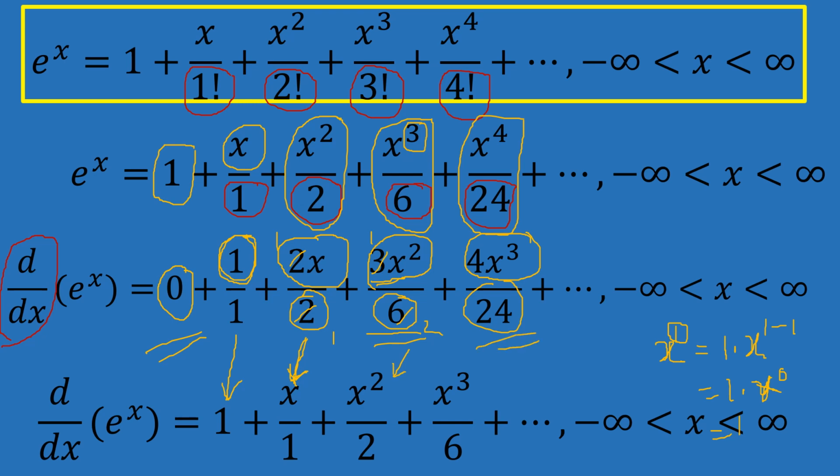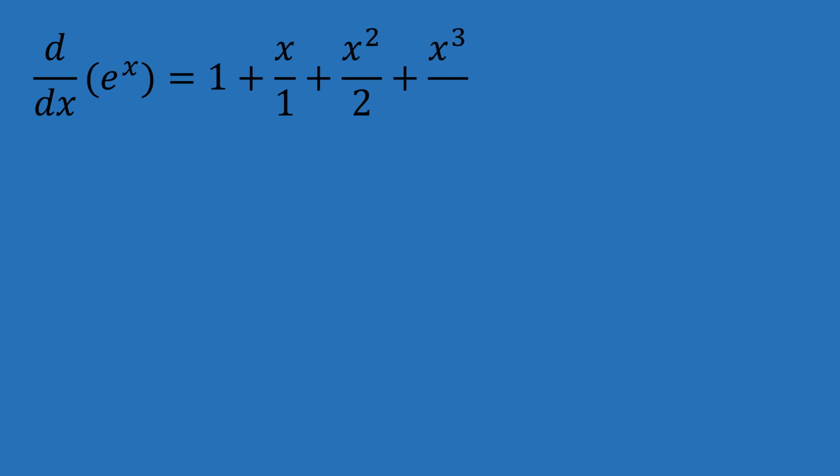And then in this expression, we say 4 here, 1, 4 in 24, 6. So we're left with this expression. So you have x raised to the power 3 divided by 6. So that's what you have. So our simplification of the differential of e raised to the power x is equal to 1 plus x over 1 plus x squared over 2 plus x raised to the power 3 over 6 plus, and so on and so forth.